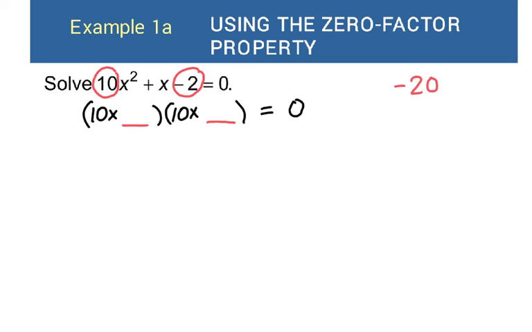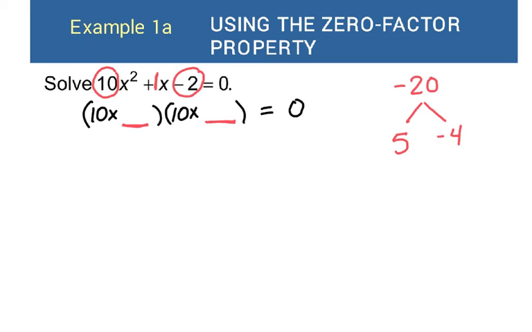Now the two numbers we're looking for, which go in this underlined portion in red, are two factors of -20 that add up to +1, because it's understood to be 1 right here. And that is going to be -5, or sorry, no, +5 and -4.